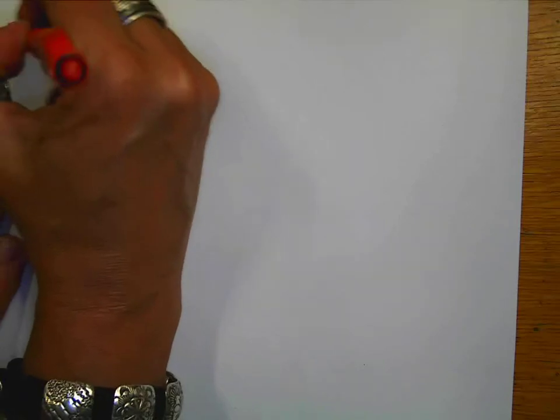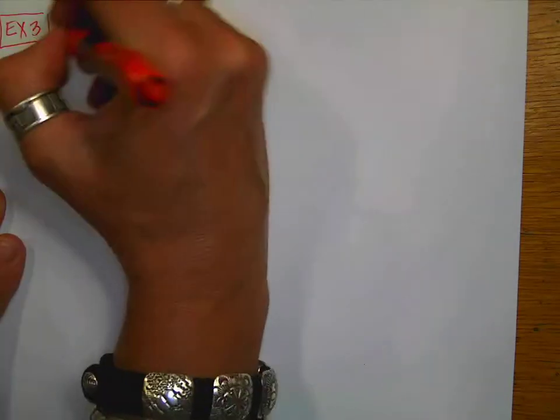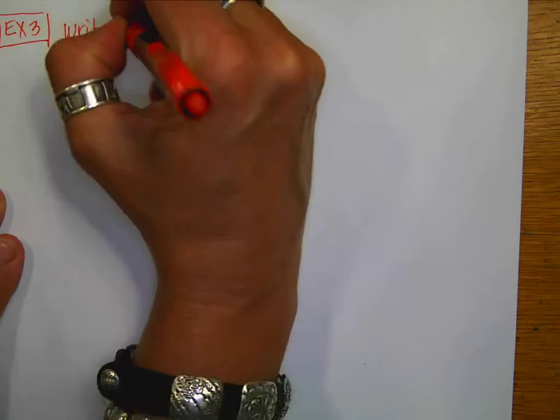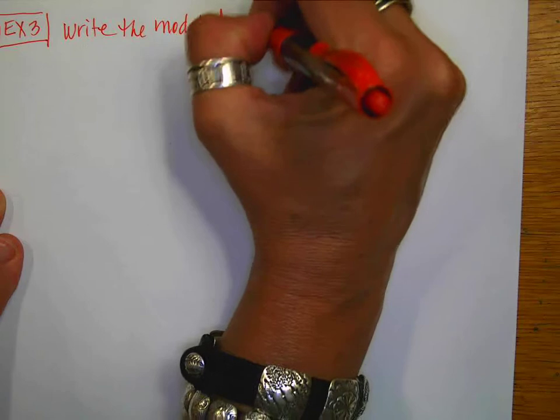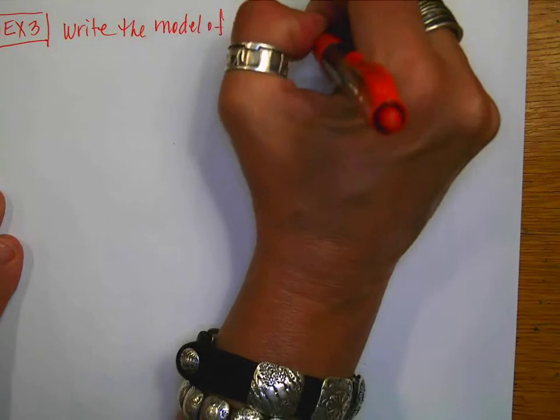All right? So let's do our next example. So example 3, we're going to write the model. A variation.